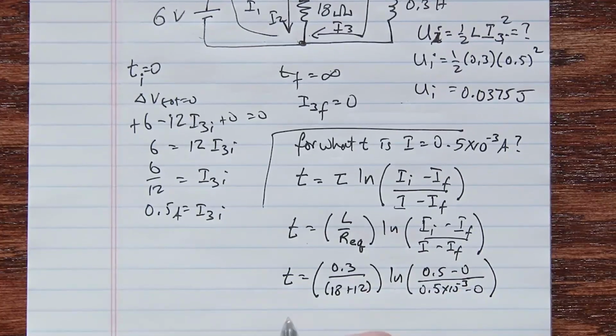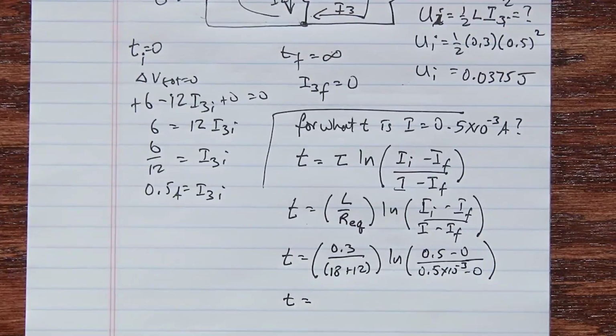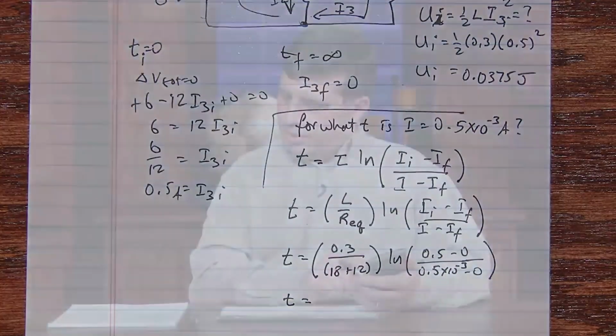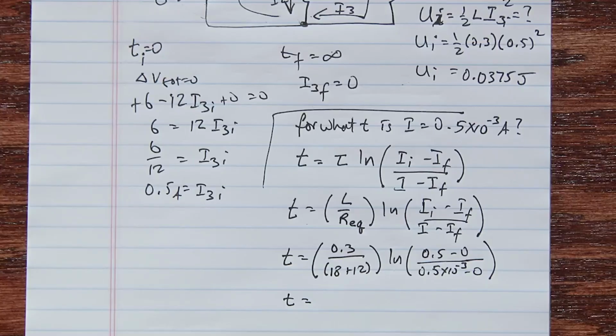Okay, and all we have to do is calculate that. So the time is equal to 0.3 divided by the quantity 18 plus 12, times the natural log of the quantity 0.5 divided by 0.5 times 10 to the minus 3.